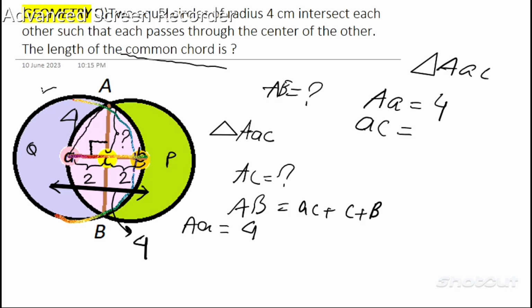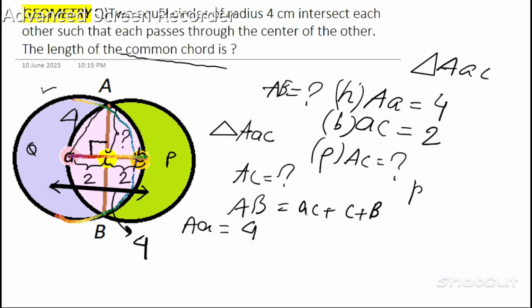Small a and C is 2. So what would be capital A and C? If we had to fit this into Pythagoras theorem, I would say capital A and small a is actually the hypotenuse. Small a and C looks like the base. And we are set on finding capital A and C, which is the perpendicular.